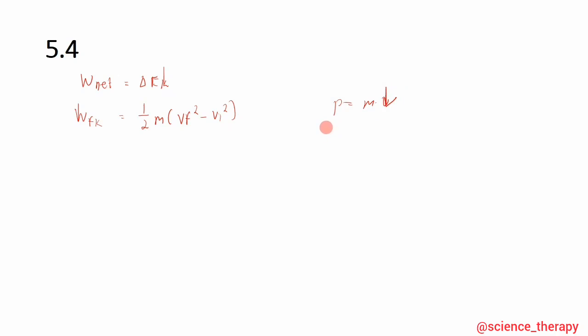So the momentum was 5.79. And then we are looking for the mass now. The velocity, we calculated it, it's 3.86. Then we can just divide both sides by 3.86. Divide by 3.86. Then our mass is equals to 1.5 kg, right?